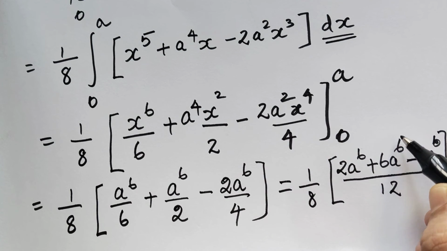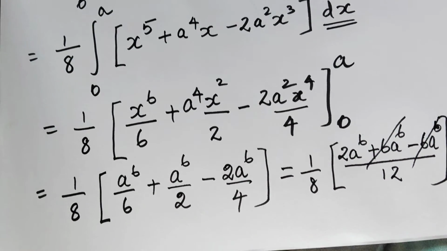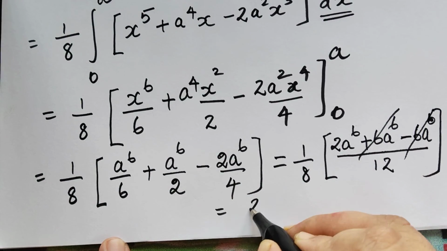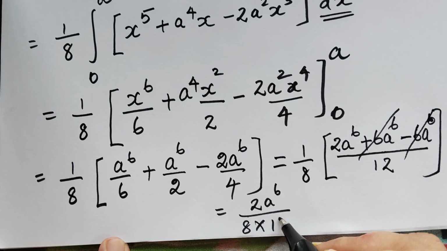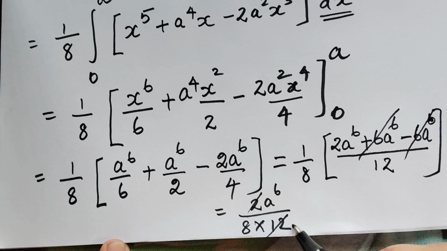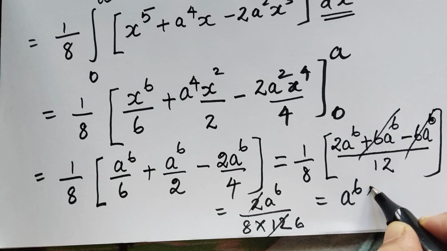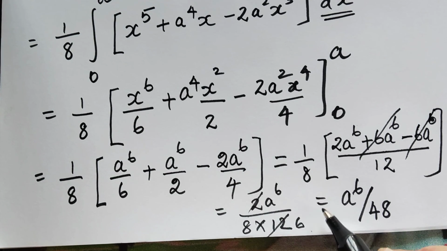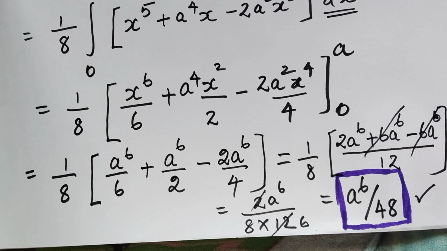So we see that plus 6a power 6 and minus 6a power 6 get cancelled, and we will be having this term equal to 2a power 6 divided by 8 multiplied with 12. So this we can cancel. 2 1 times 2, 6 times is 12. So that's equal to a power 6 divided by 8 6 times is 48. And therefore the solution is a power 6 divided by 48.